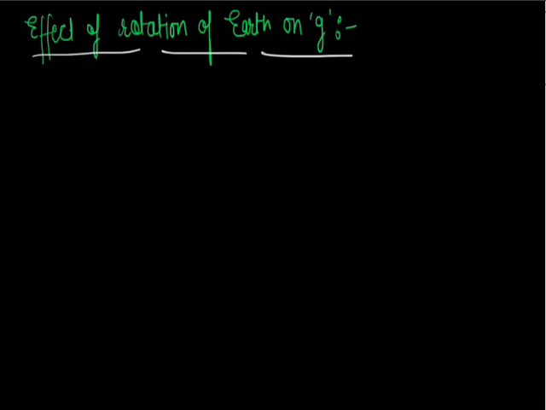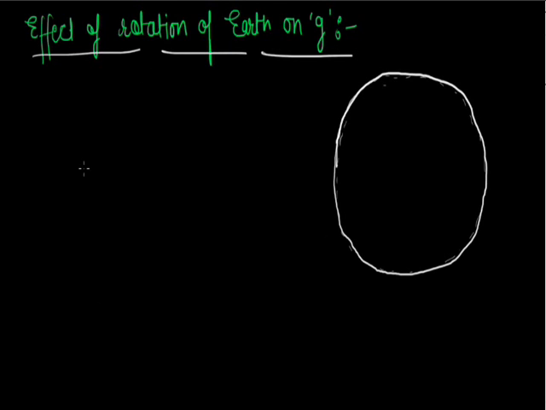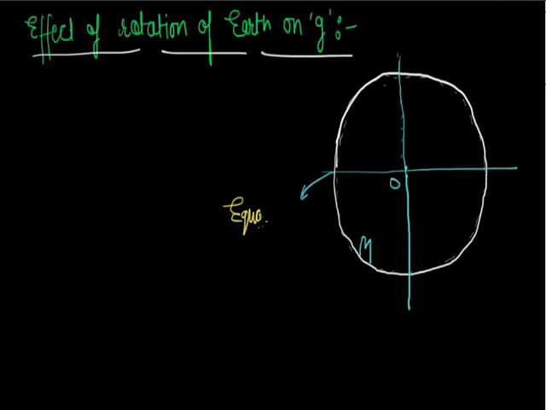Okay. As we know, Earth can be considered as a perfect sphere of radius R. Suppose if you draw a diagram, suppose it is the Earth having mass M and its radius is R, and its center is O. This is the equatorial plane, and this is the polar axis.